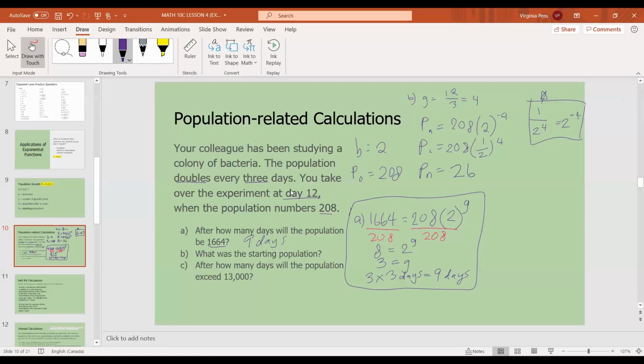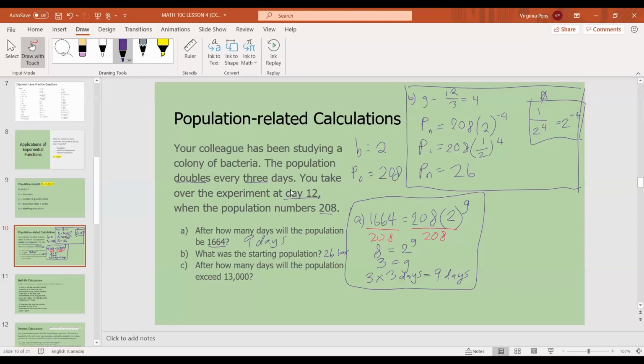All right, so now we have our final answer. Starting population was 26 bacteria. 26. It stands for bacteria. I'm going to once again section this off.